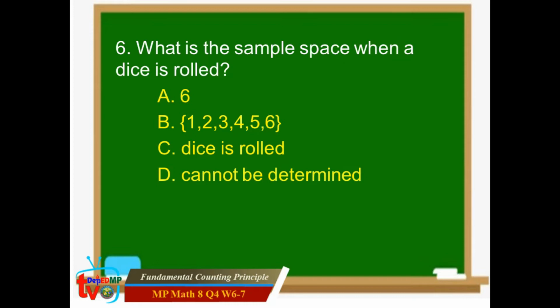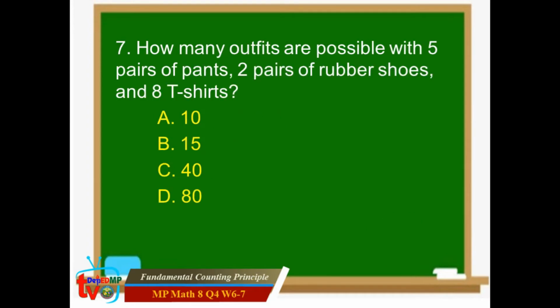C. Dice is rolled. D. Cannot be determined. 7. How many outfits are possible with 5 pair of pants, 2 pairs of rubber shoes, and 8 t-shirts? A. 10. B. 15. C. 40. D. 80.